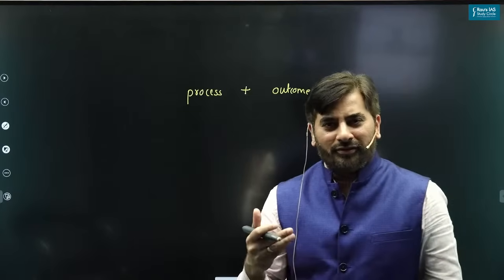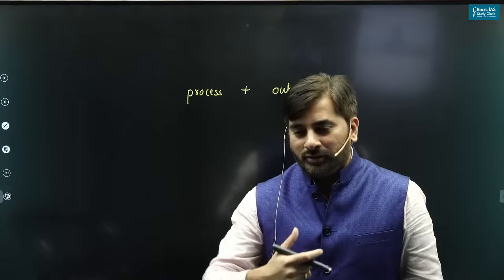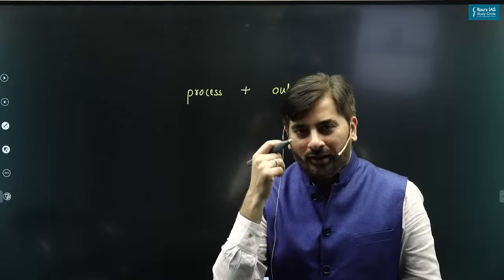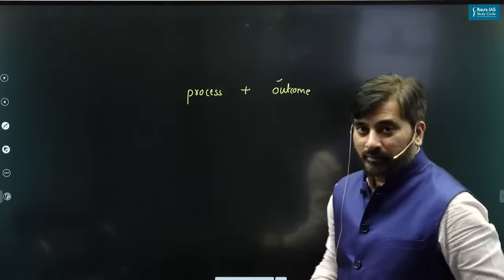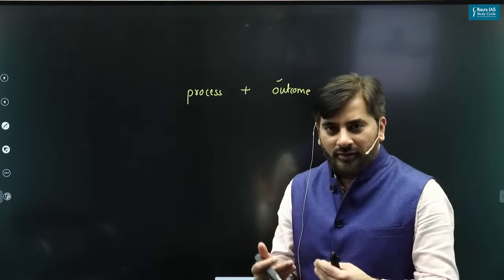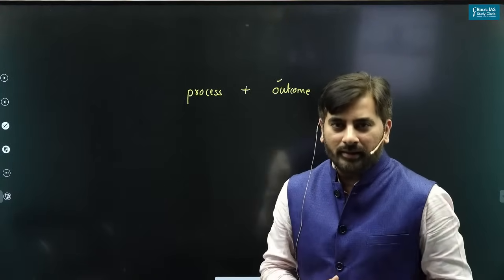If that is the case, how is inclusive growth different from welfare approach? The welfare approach focuses on only one aspect, and that aspect is the outcome. Welfare just focuses on ensuring that everyone gets basic needs, basic welfare.